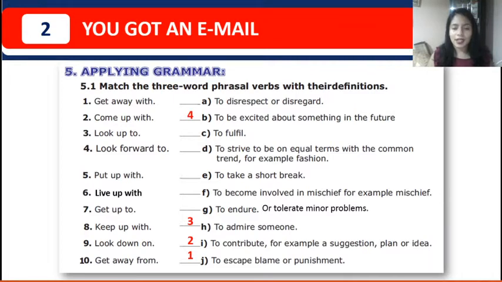Put up with. Yes, right? Very good. It means to tolerate, okay? To endure or tolerate minor problems, okay? Minor problems. Yes. So then we have live up with, okay? Live up with. What live up with?